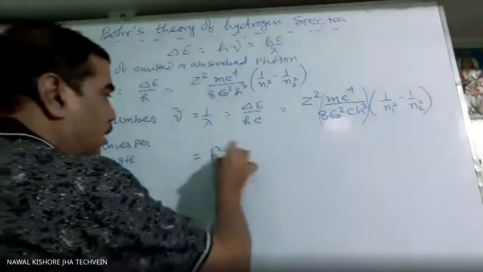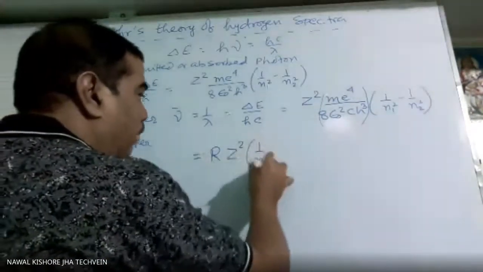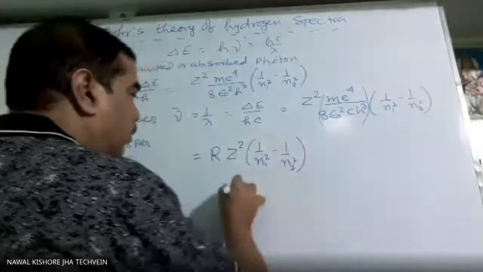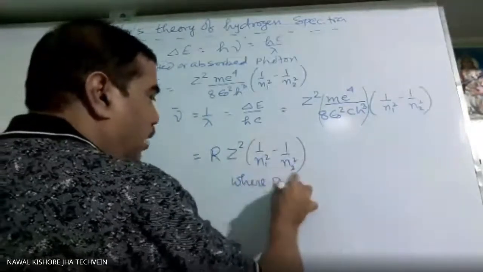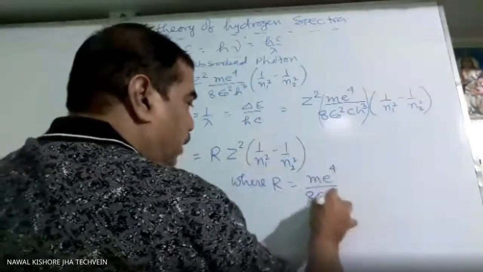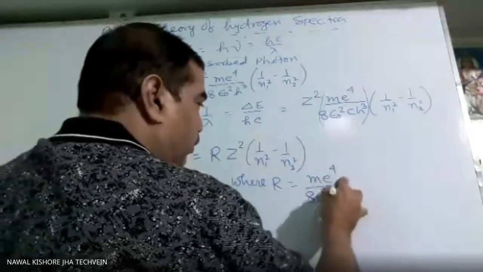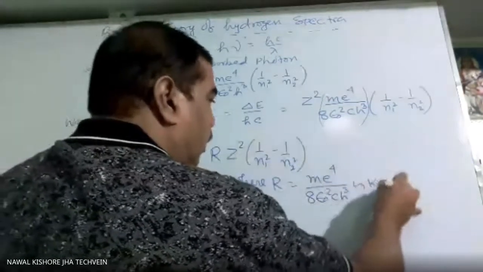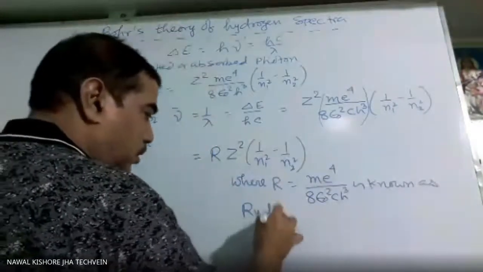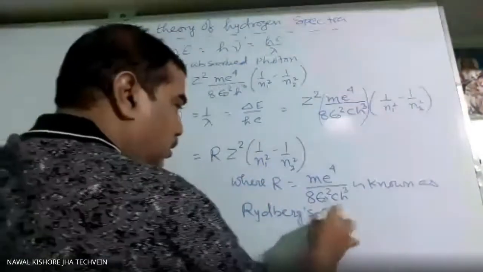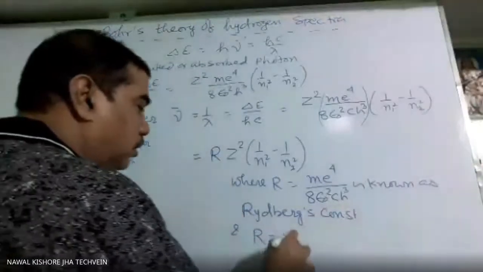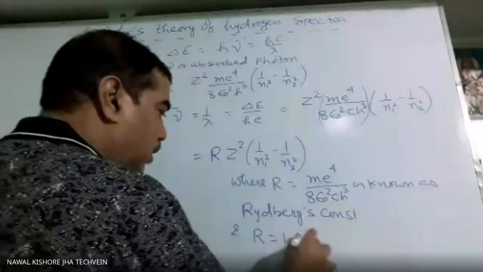So this is R Z square times 1 by N1 square minus 1 by N2 square, where this R is Me4 over 8 epsilon naught square CH cube, known as the Rydberg constant. And this R is 1.097, I think.